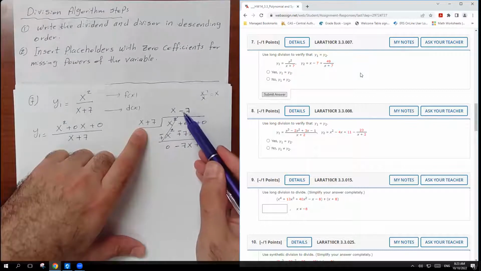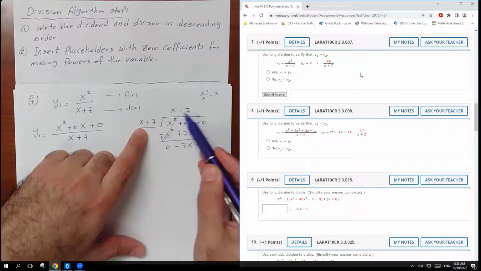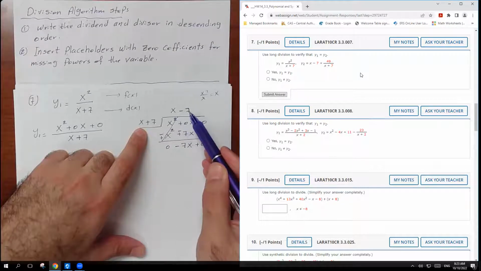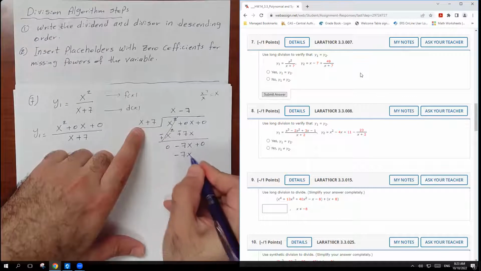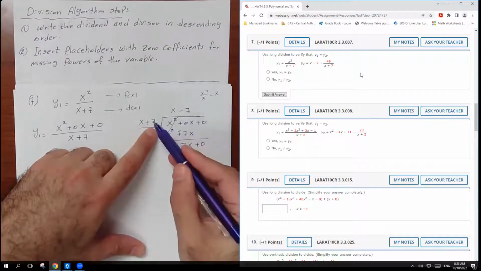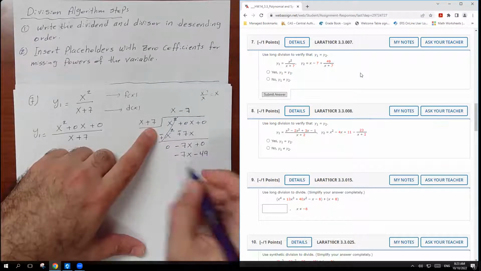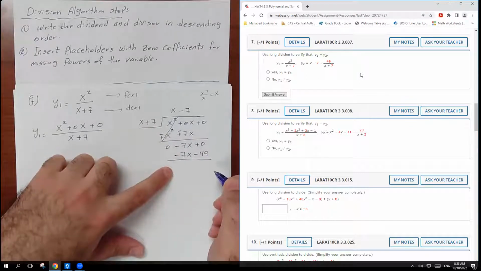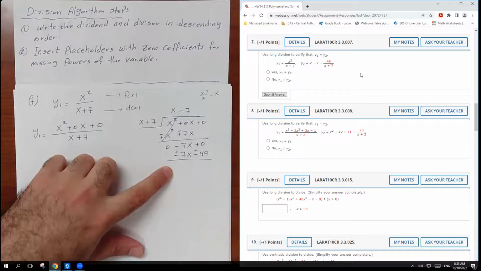Now multiply. Negative 7. I'm not going to multiply the whole thing, just the one I added to the quotient. Negative 7 times x is going to be negative 7x. Negative 7 times 7 is going to be minus 49. Then what I'm going to do, I'm going to change the sign. This minus is going to be plus, and this minus is going to be plus.